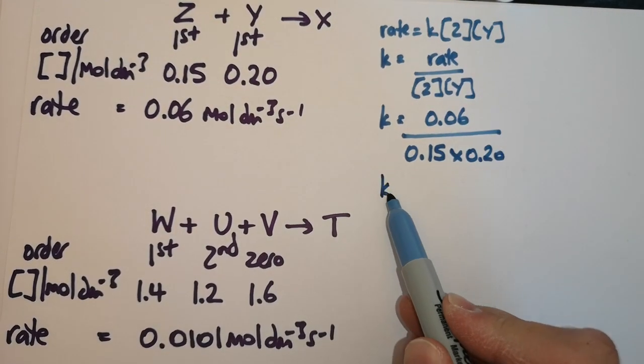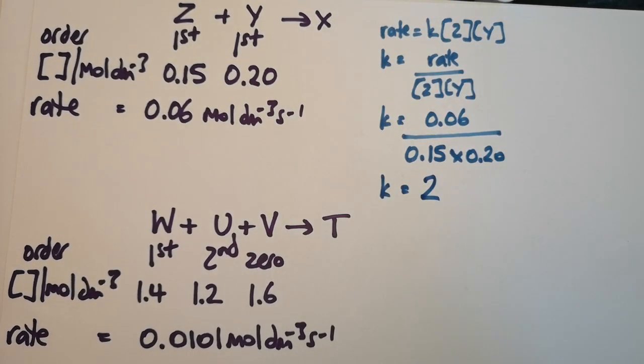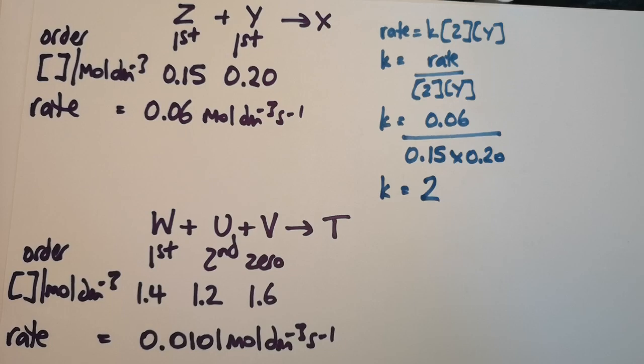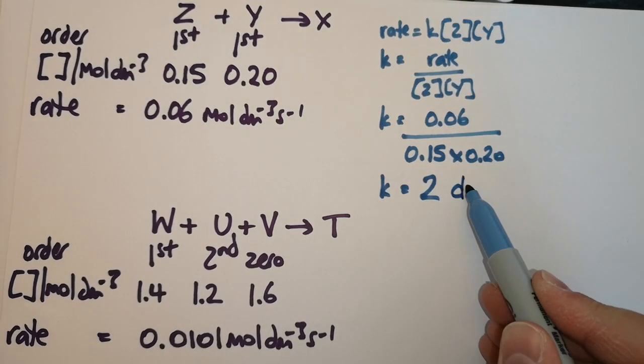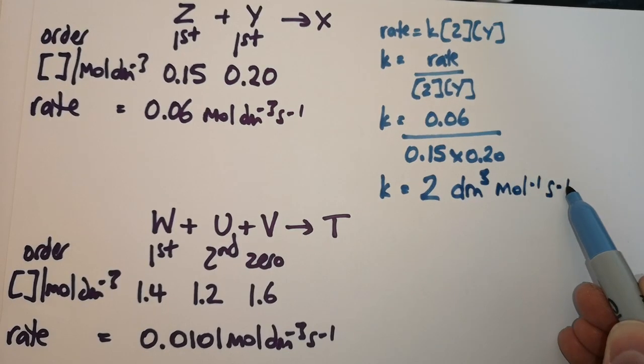And then numerical value, which should be 2 in this case. Then we work out the units. Well, it's the second order overall, so when you've gone through the process, you should have units of dm to the 3, moles to the -1, s to the -1.